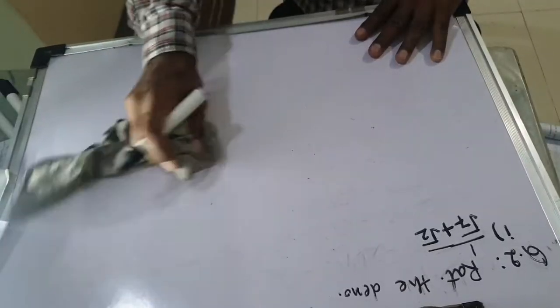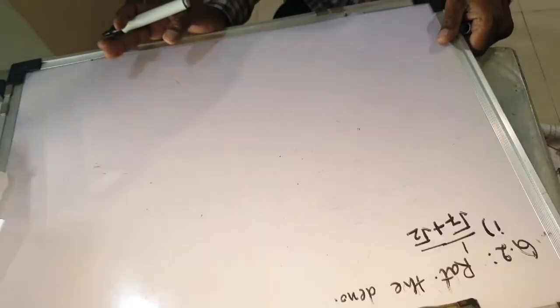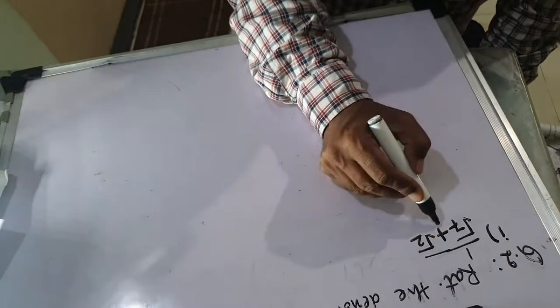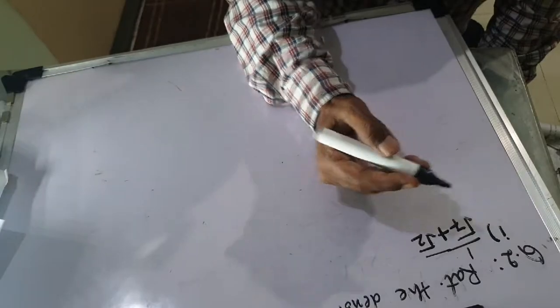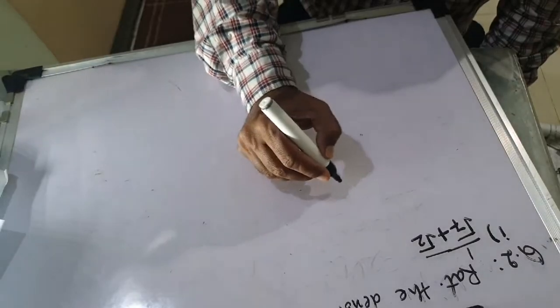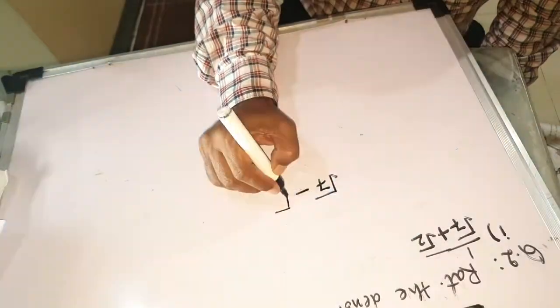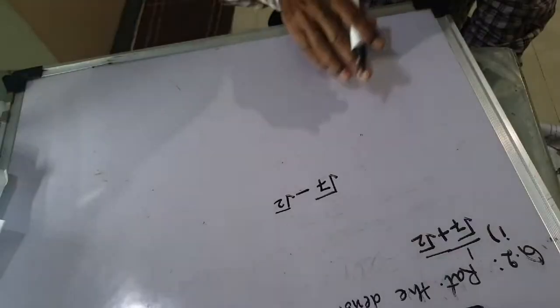What to do is, we have to find the conjugate of this denominator. What do we mean by conjugate? If I change this sign, if it is plus here, I will make it minus, and that number will be the conjugate. So root 7 minus root 2 is the conjugate of it, and we multiply by it.